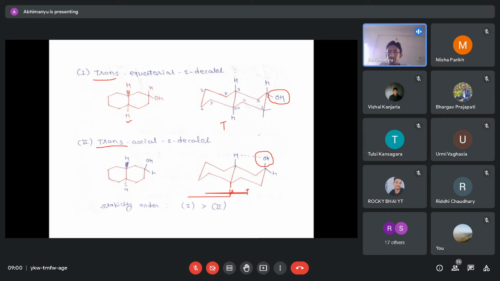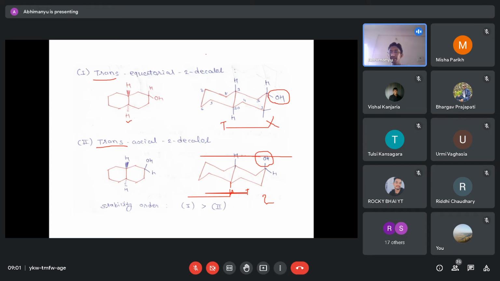Because ring flipping is not possible in trans. But in trans structure number 2, diaxial interaction is possible. Here you can see that diaxial interaction is possible, whereas in structure number 1, diaxial interaction is absent.